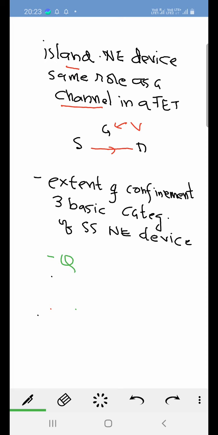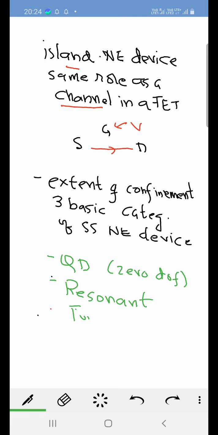First there is a quantum dot, which has 0 degrees of freedom. Then you have something called a resonant tunneling device, RTD, which has either 1 or 2 degrees of freedom.